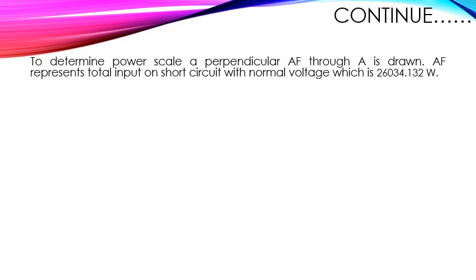So AF represents the total input on short circuit with normal voltage, which is 26034.132 watts. Since AF is 7.15 centimeter, we can measure it by scale, and it is 7.15 centimeter.